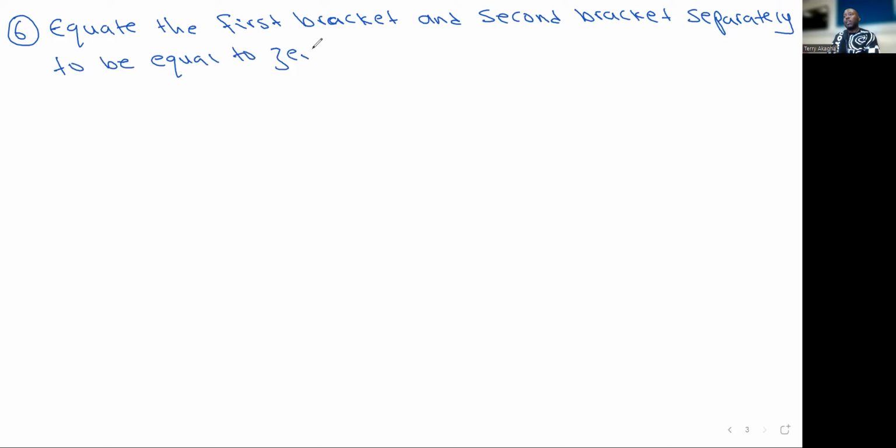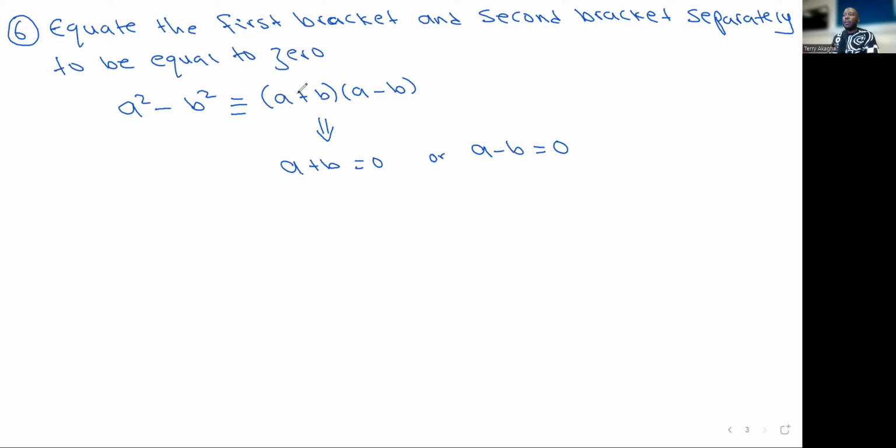Basically what I'm saying is that when you have a squared minus b squared, and you have finally got a plus b and a minus b, the next thing is that you have to equate a plus b to be equal to 0, or you equate a minus b to be equal to 0. So you equate the first bracket to 0 and the second bracket to 0.